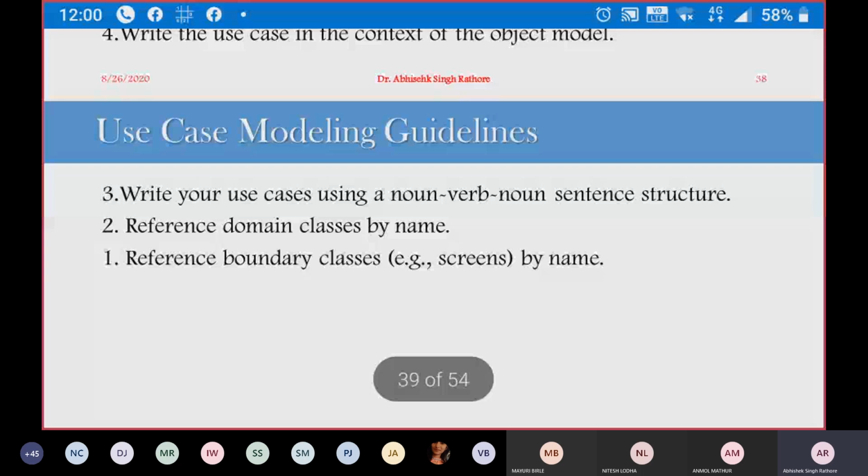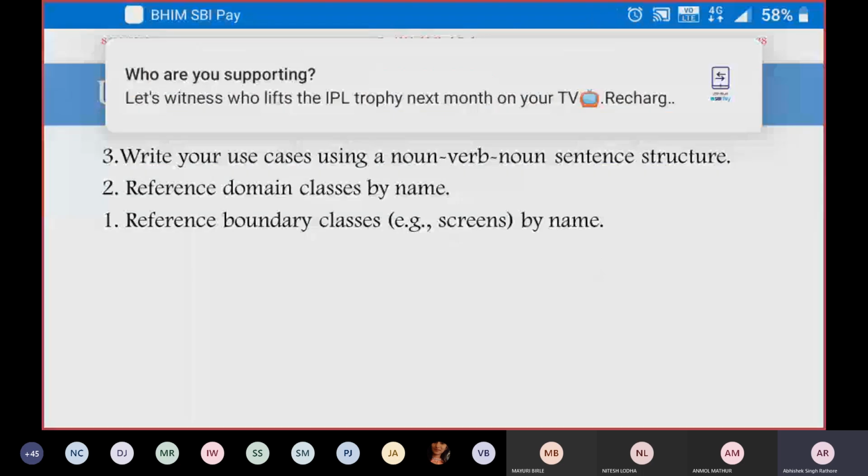Then finally, identify your boundary classes. This is very important. When you have some boundary classes, it means that you have some unambiguous behavior of your requirement, and this behavior nearly always involves the interfaces of your system or the GUI of your system.